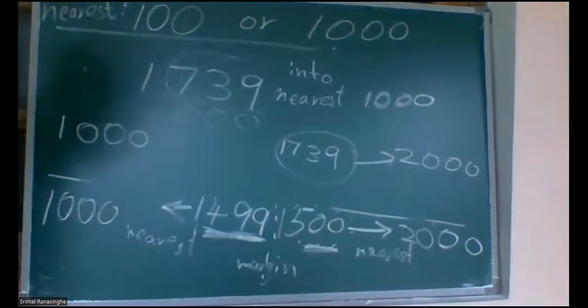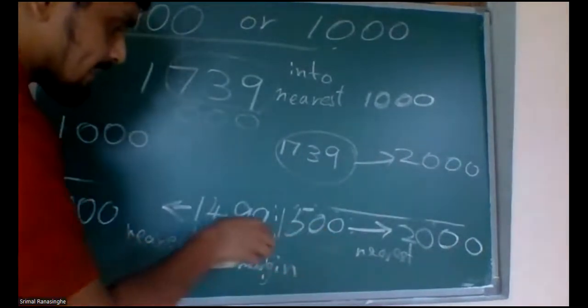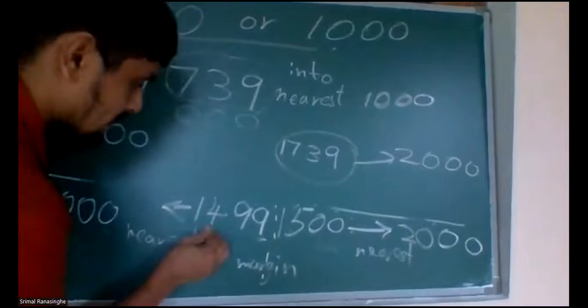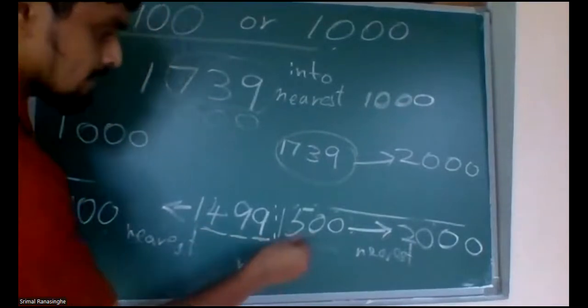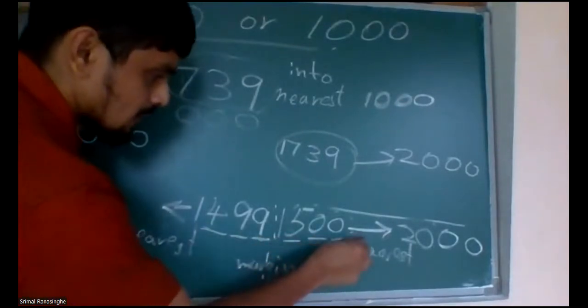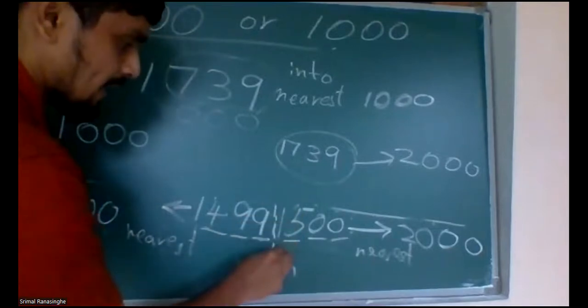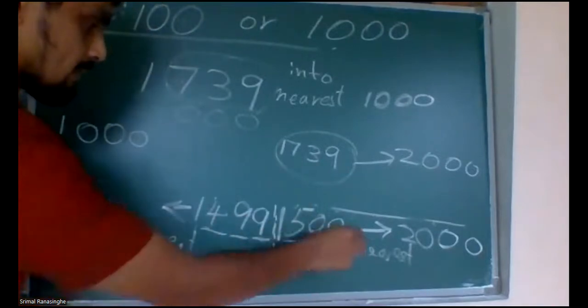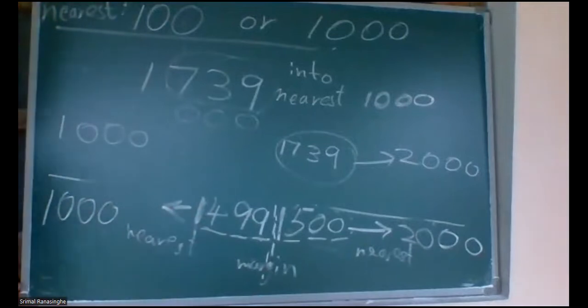Assume here nearest 3 digits. Now we are discussing here 1, 2, 3 digits, right? Here is the margin. Here 1,500, 1,400.